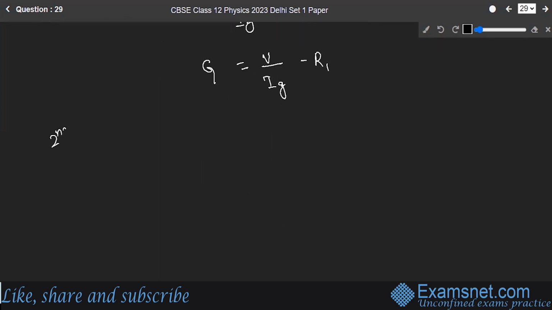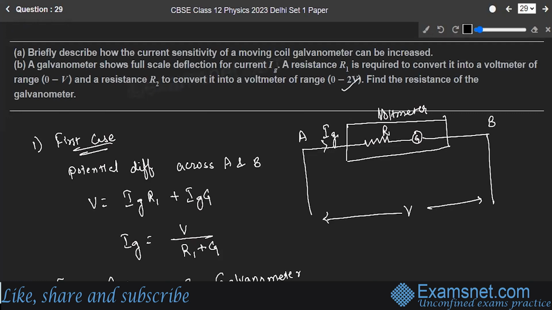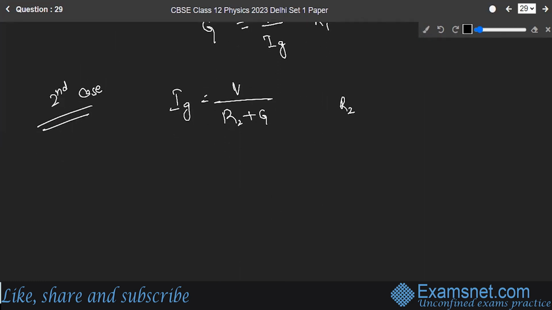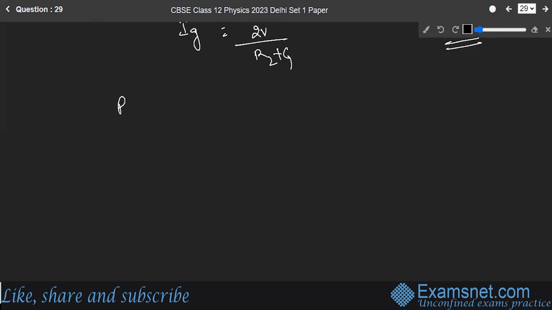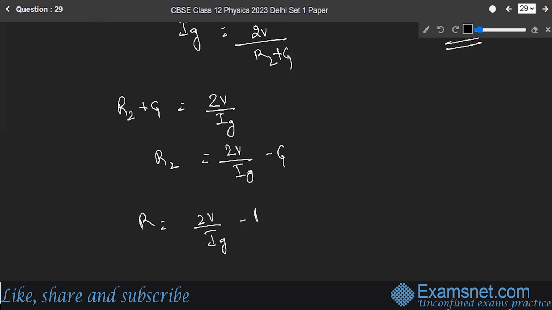Now in the second case, you have IG is equal to V upon R2 plus G. R2 is the resistance required to change the range from 0 to 2V, and R1 was from 0 to V. So in this case, because this has to be 2V, 2V upon R2 plus G. So R2 plus G is 2V upon IG, or R2 is equal to 2V upon IG minus G. So G is equal to 2V upon IG minus R2.